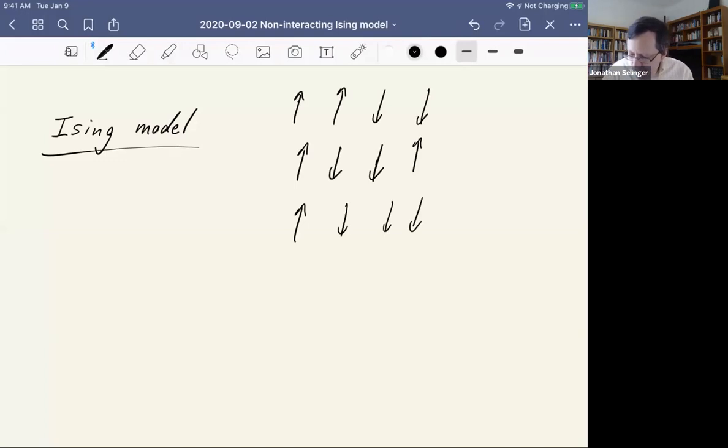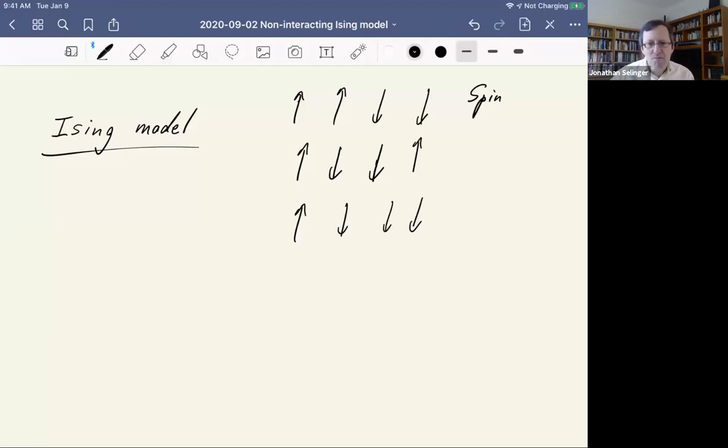Okay. So each of these arrows is a magnetic moment, and it's commonly called a spin. It's called a spin for reasons related to quantum mechanics, but if you haven't studied quantum mechanics, don't worry about it.